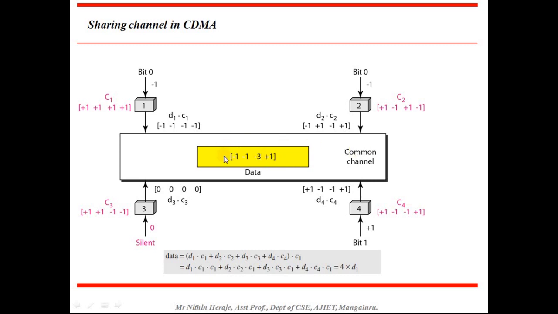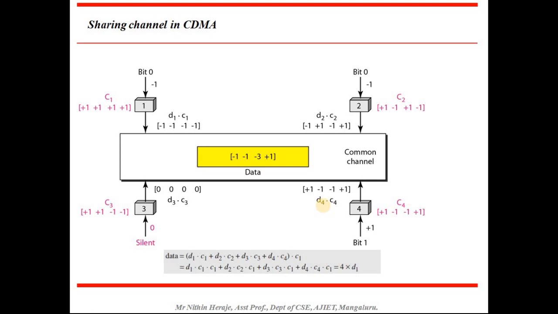This is the data that is transferred. How did you get this? You have to sum up D1 C1 plus D2 C2 plus D3 C3 plus D4 C4.